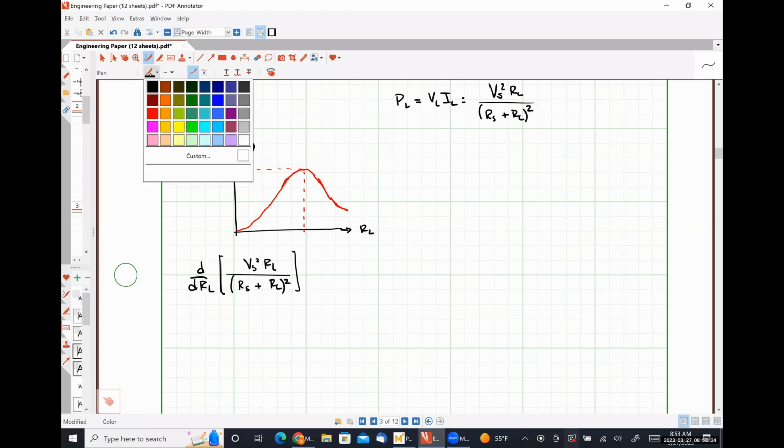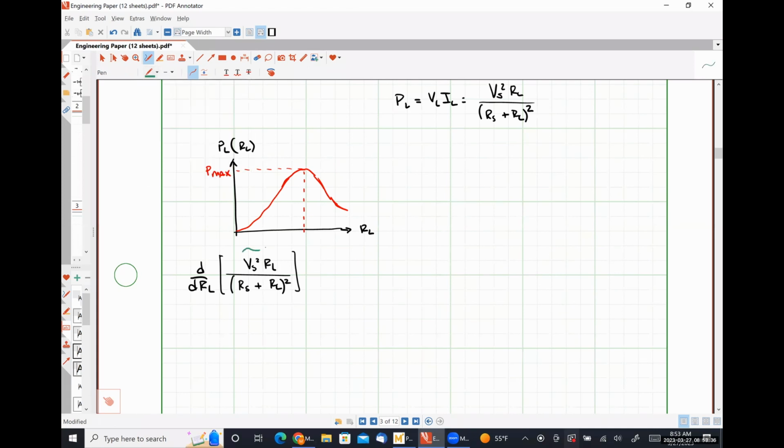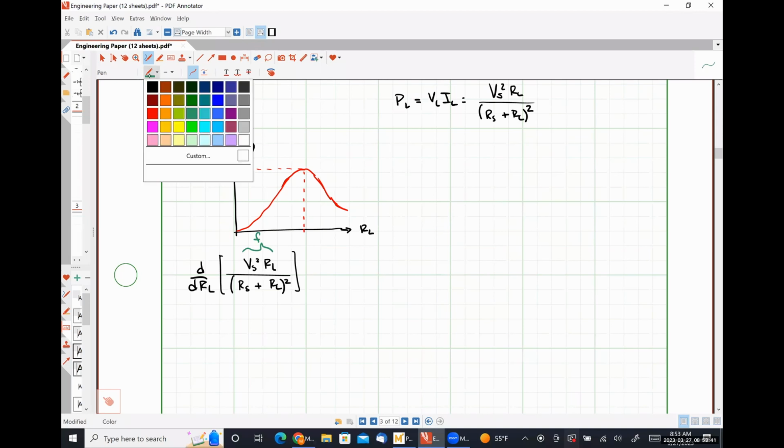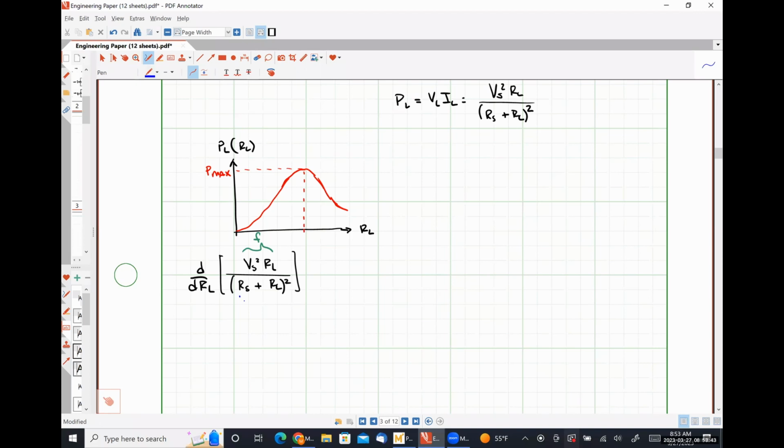I'm going to call this bit up here F, this bit down here G, and I'm going to use the quotient rule, right?